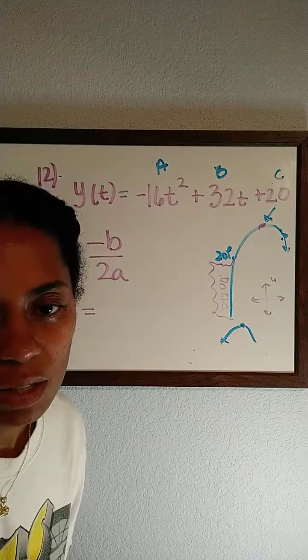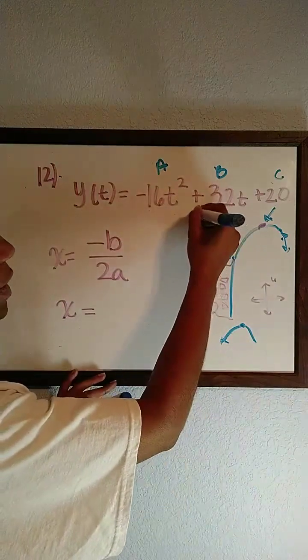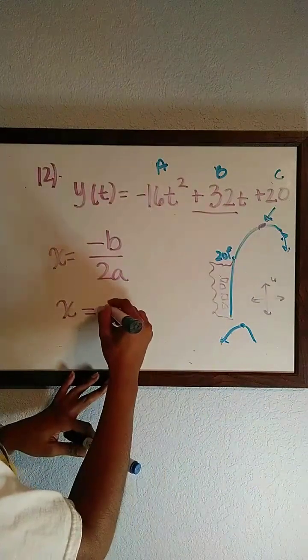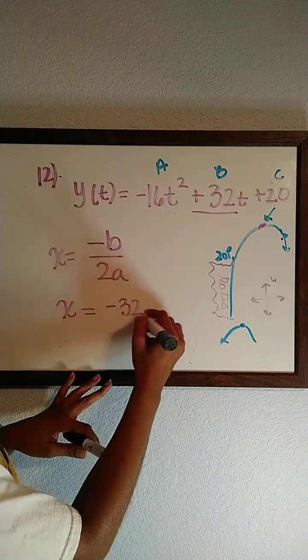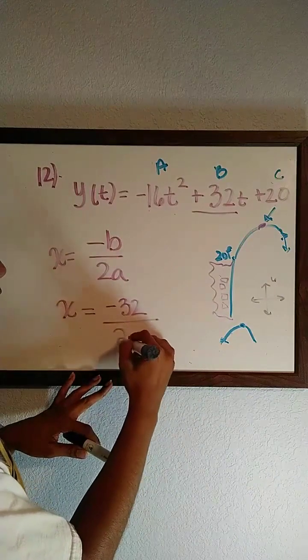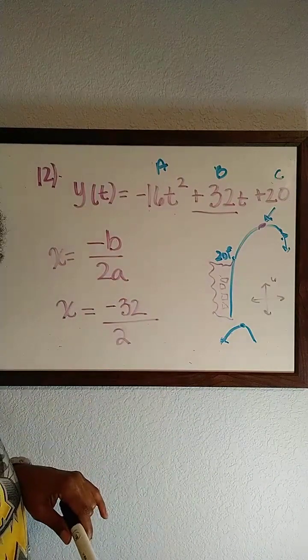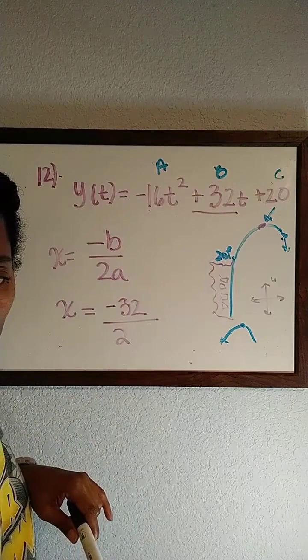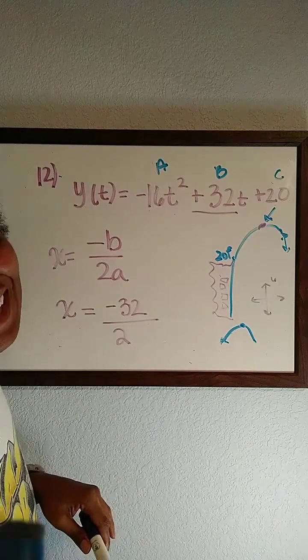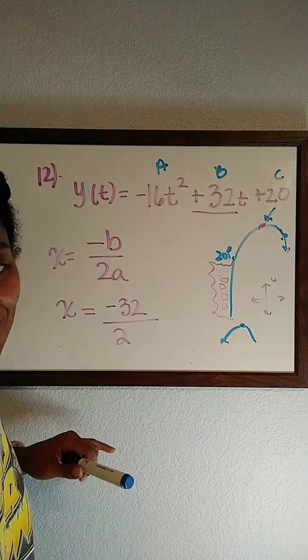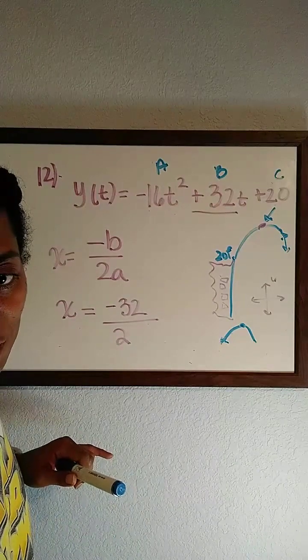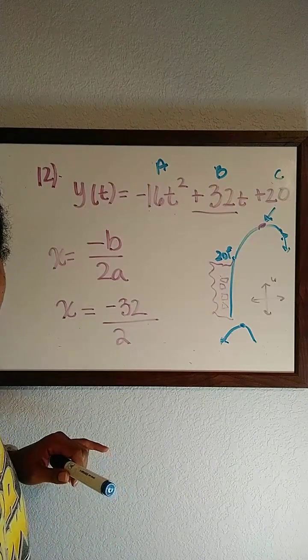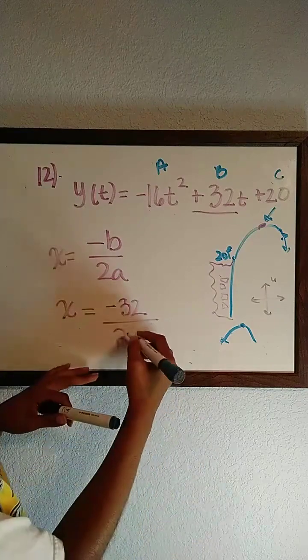Yes. Zoe, is that what you mean? Because remember, this is B, so I want to take everything right here. So this is going to be negative 32 over 2 times A, which is what? Negative 16t, oh, second power. Yeah, that's the answer. Yes, Raven.